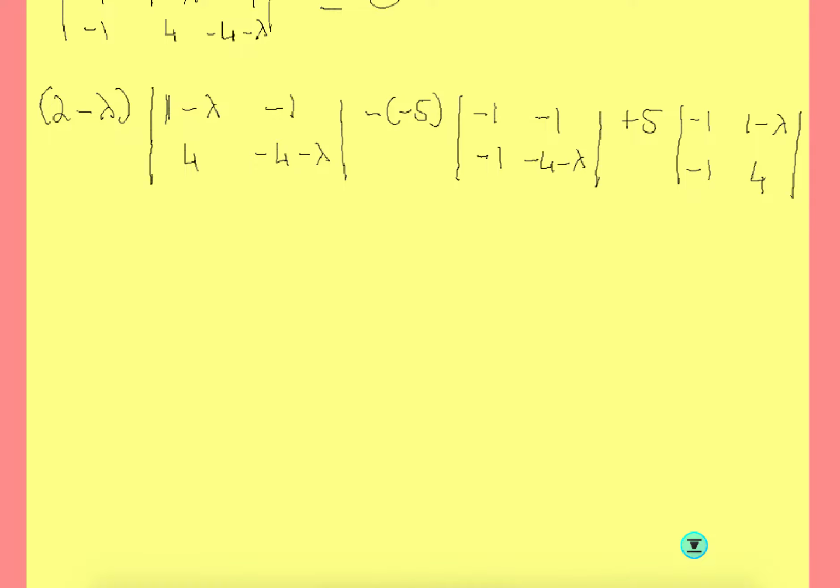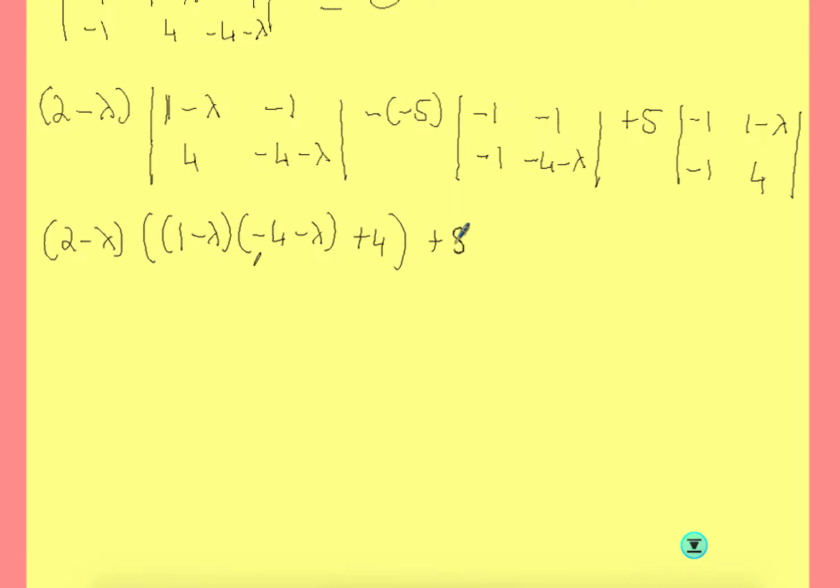Right, so it's AD take away BC, so that's 1 take away lambda multiplied by -4 take away lambda take away -4, which is just plus 4.